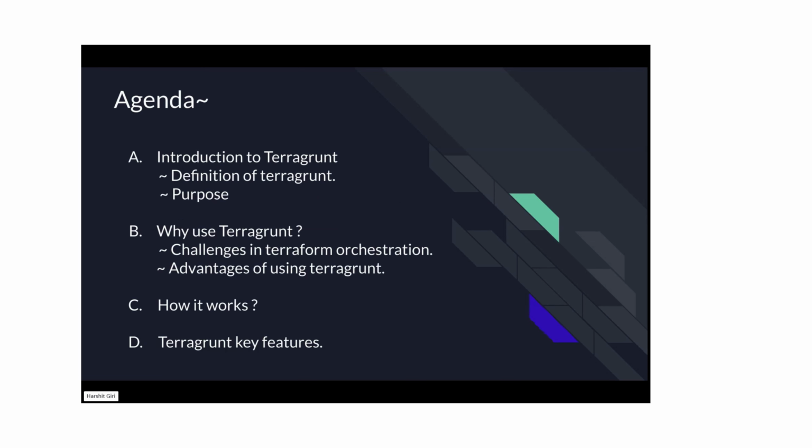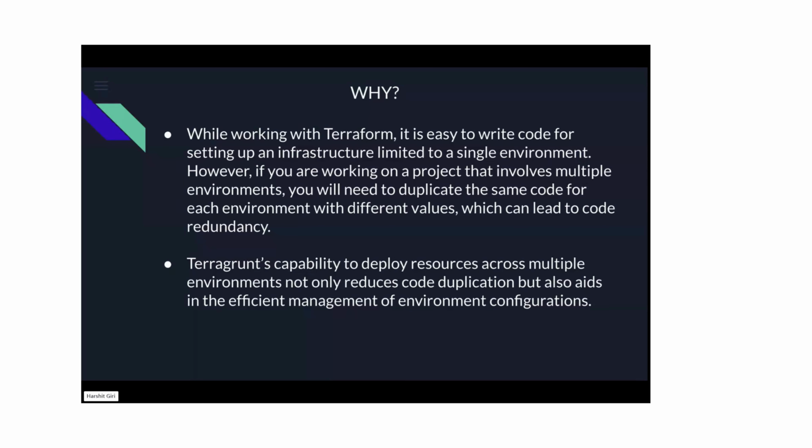So Terragrunt's capability to deploy resources across multiple environments not only reduces code duplication, but also aids in efficient management of environment configurations. Environment configurations means, for example, we have 3 different environments: stage, QA, and production. For different environments, we would be using different types of resources.